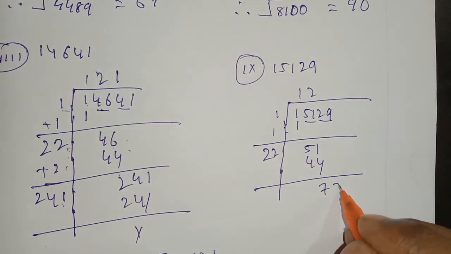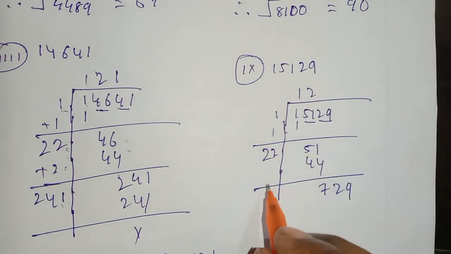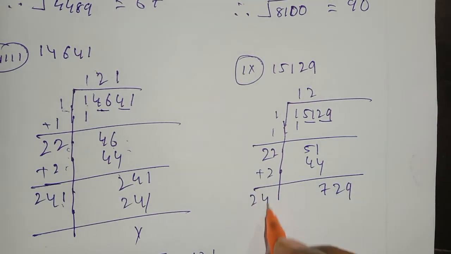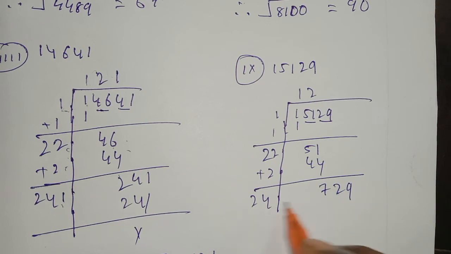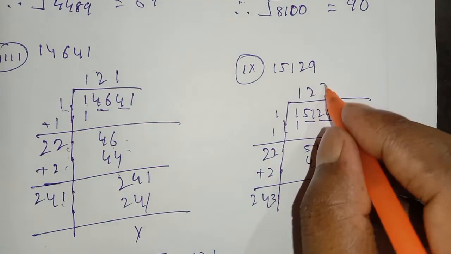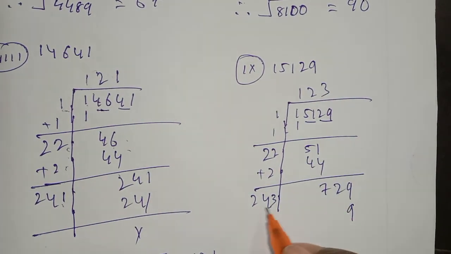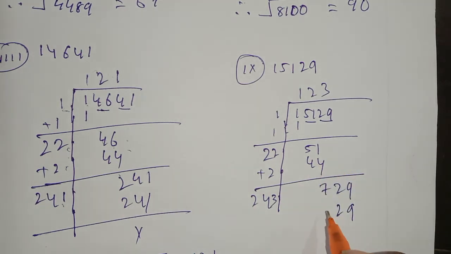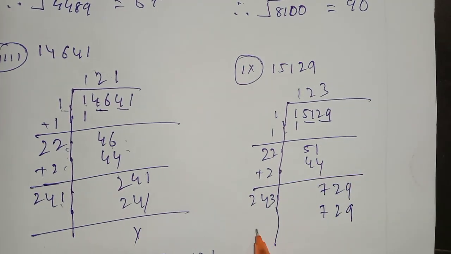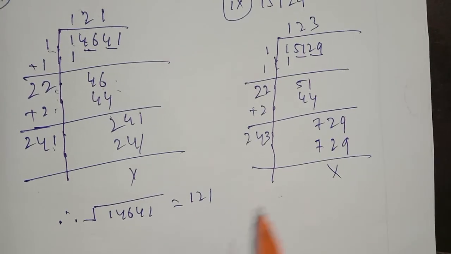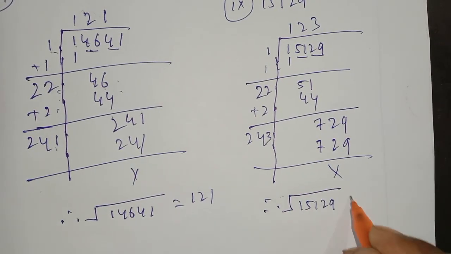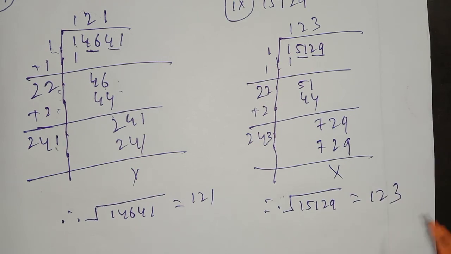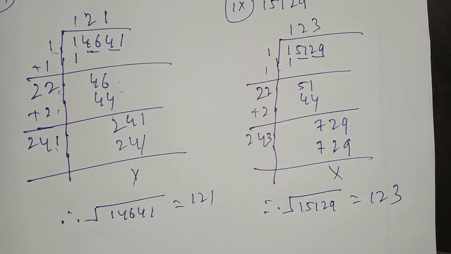Now come down to 9. This newly taken 2, this 2 only plus here, then means 24. With 24 what plus, then into, then you will get 7, means last is 9, that means 3 3 is 9, 3 4 is 12, carry 1, 3 2 is 6, and 1 is 7, cancel. Then what will be? Therefore square root 15129 equal to how much got? 123. Okay. So this is done.